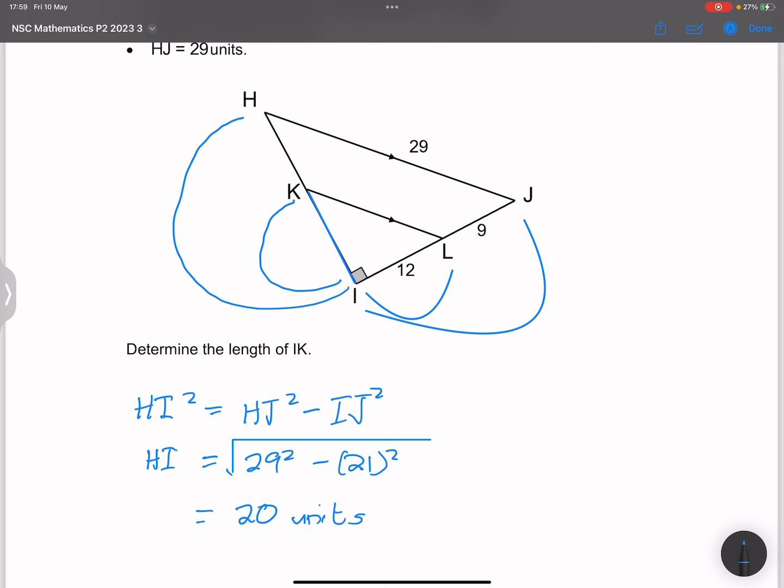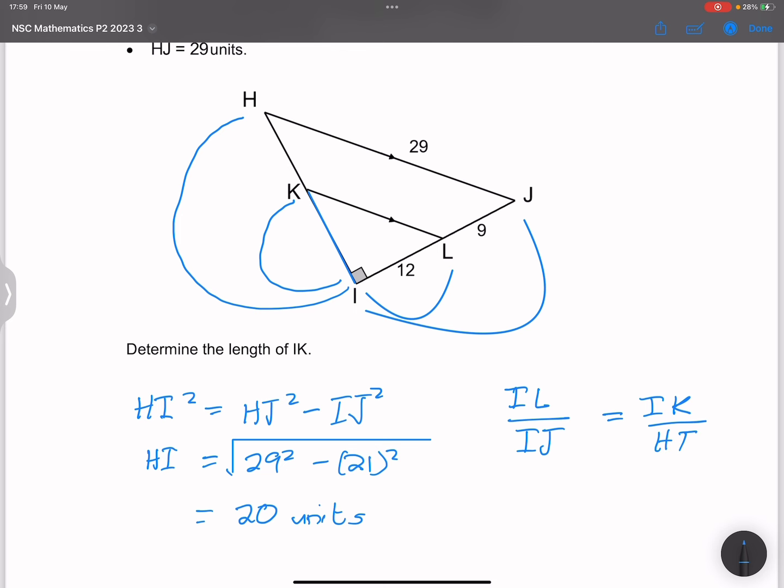This is going to be IL over IJ, which should be equal to IK over HI.